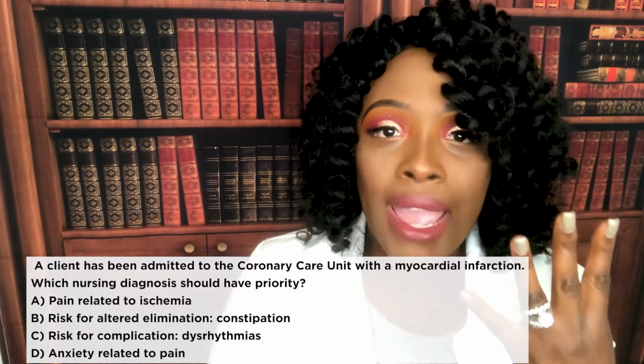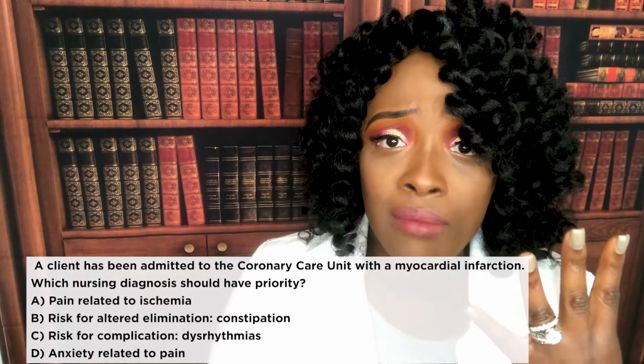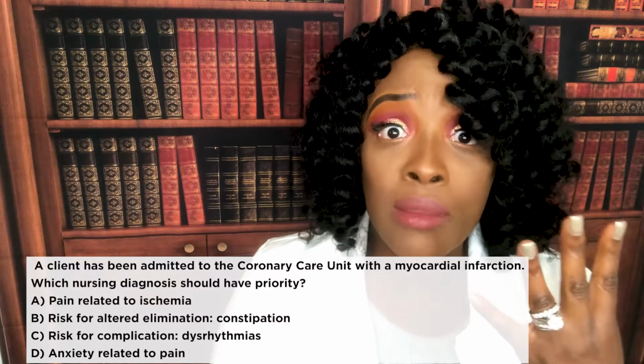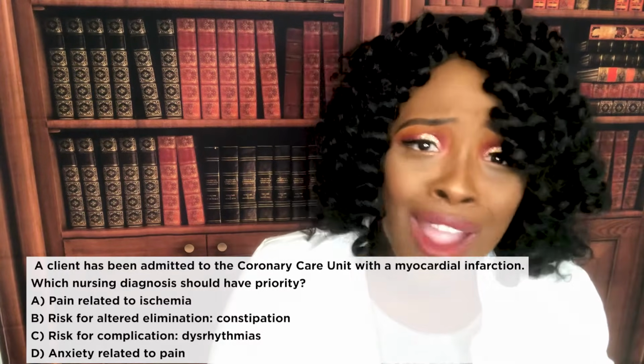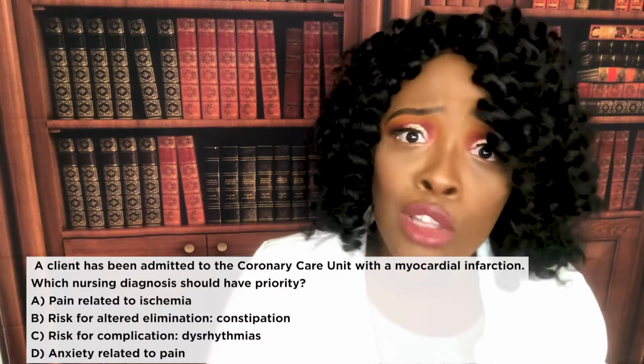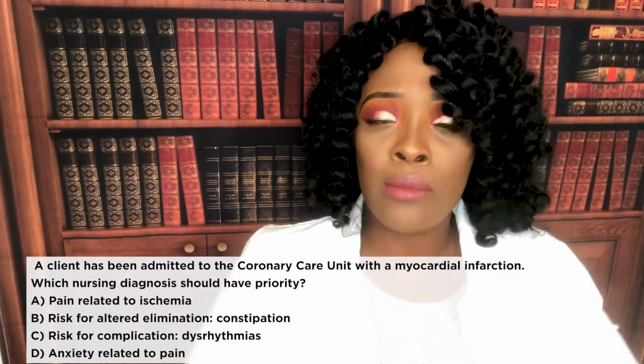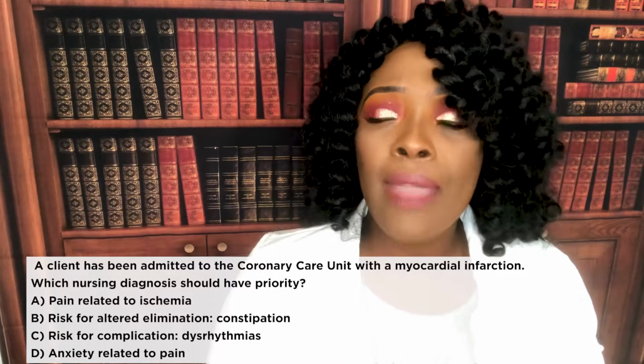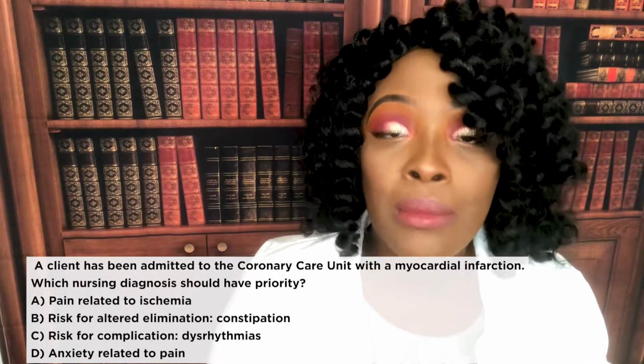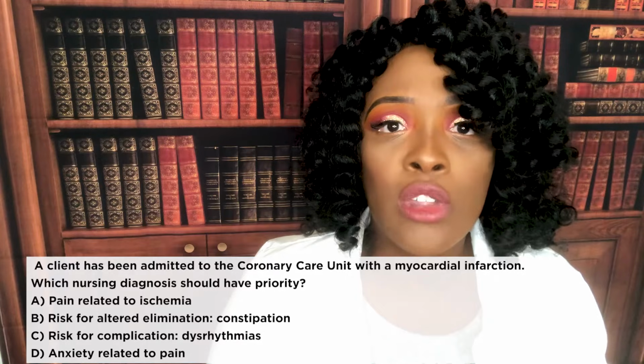Morphine. Why? Because if that patient's in pain, the oxygen demand is increased. Can that heart, who just stopped a little while ago, afford to have increased oxygen demand? If your oxygen demand is increased, that means your body's screaming for more oxygen. How are they going to get the oxygen?